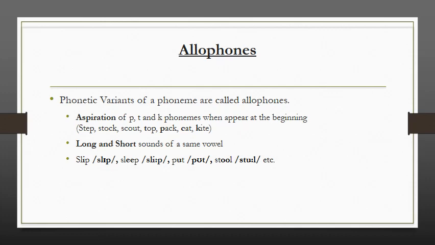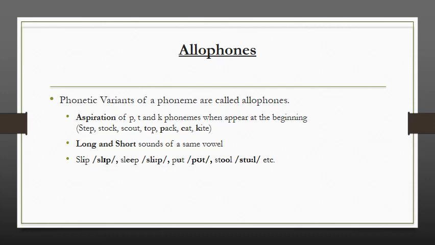But if these three sounds appear in the middle or at the end of any word, they would be pronounced as we usually speak, like t, p, k. So all these are the variants, or the allophones. The allophones p and ph, t and th, k and kh. These are all the allophones.